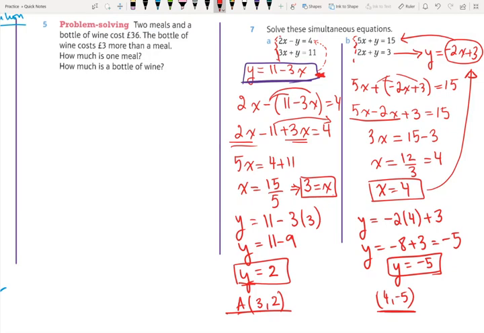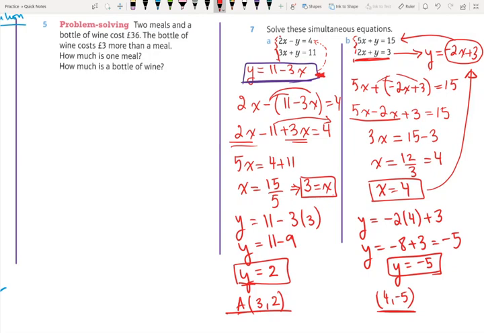So let us solve it algebraically. You choose an equation and you write y in terms of x. Then you replace this value in the second equation that you did not use, like I did. I used equation 2 and I replaced it in equation 1. Solve algebraically and you're going to get x equals 4.